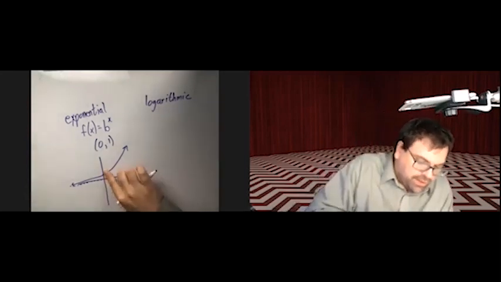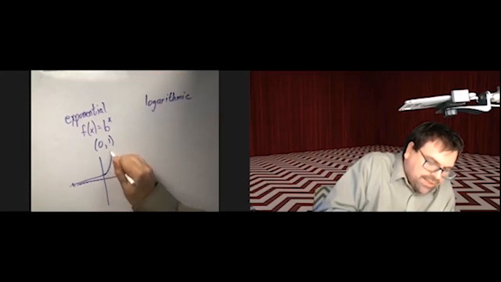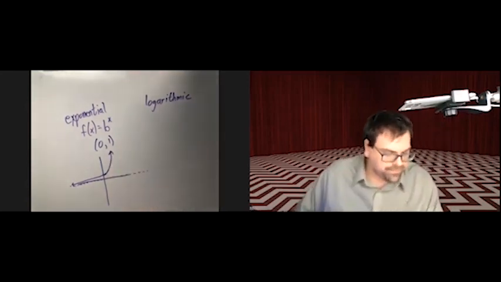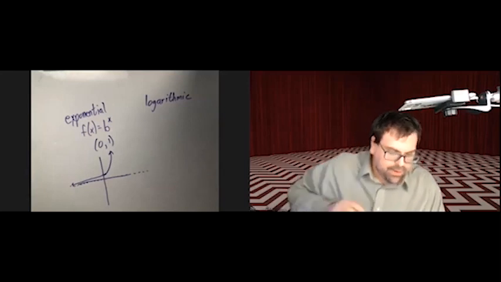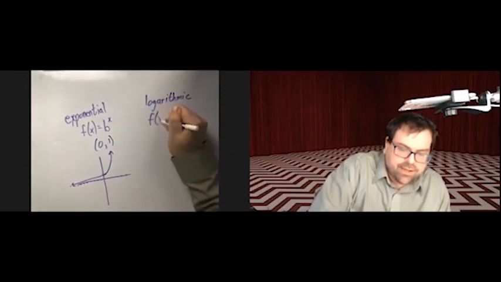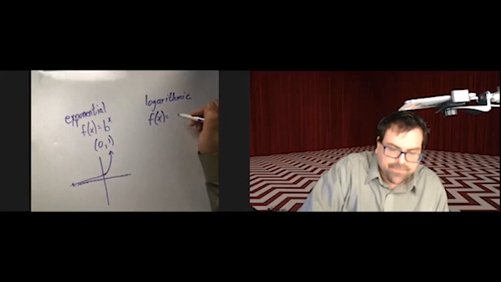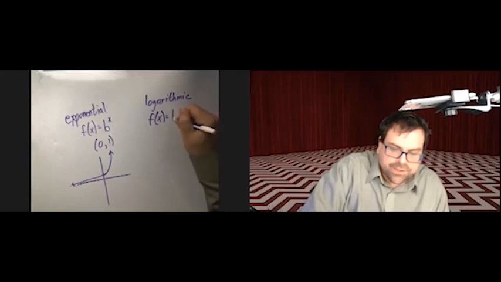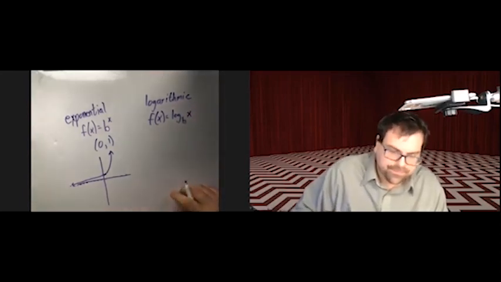And actually, let me draw that a little better. Exponential rises steeply. This opposed to a logarithmic function, which is something like f of x equals a log of some base, the variable x.